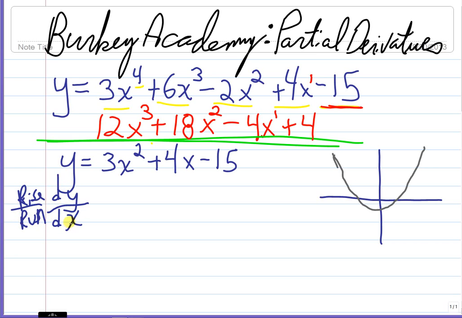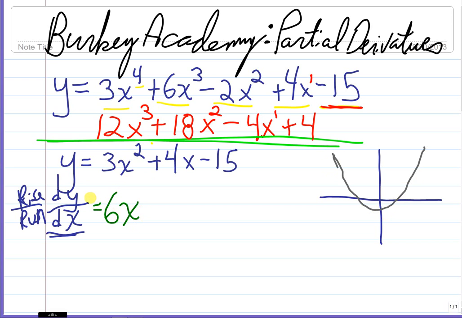So when we're taking the derivative, this symbol here is meant to remind us that what we're really doing is trying to find the slope of this function, which is a parabola, at each point. And so as we see, sometimes the slope is negative. Down here it's 0. Over here it's positive. And so when we take the derivative, let's just go through the process here again. 2 times 3 is 6x, and the 2 minus 1 is to the first power.